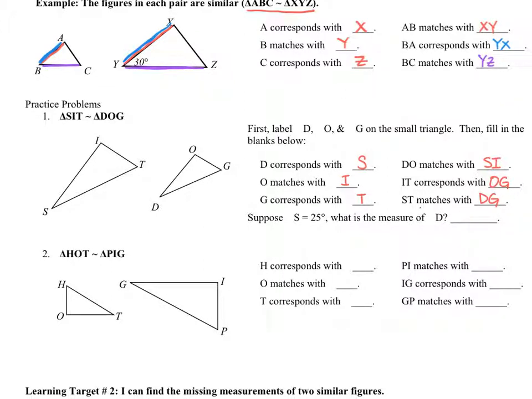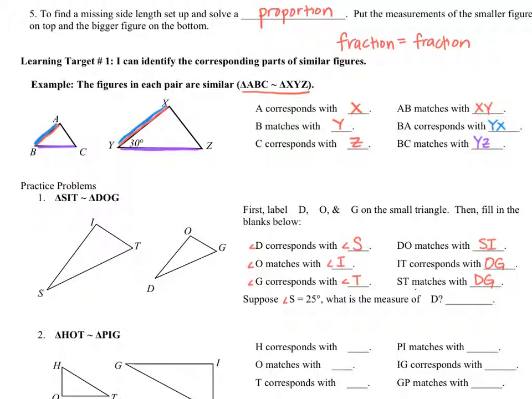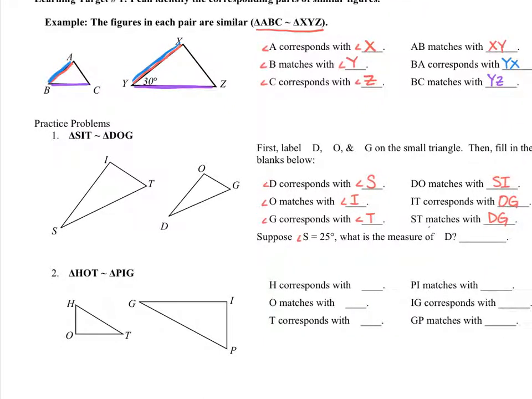Suppose angle S equals 25 degrees. Now it's supposed to say angle S. In fact, let me add these on here. For some reason they didn't show up on my end, and I should have included them on the top. I apologize. But this means angle A, I'm back up at my top example, and then angle X, angle Y, angle Z. So anyways, angle S is 25 degrees, so I'm going to put it here in our picture.